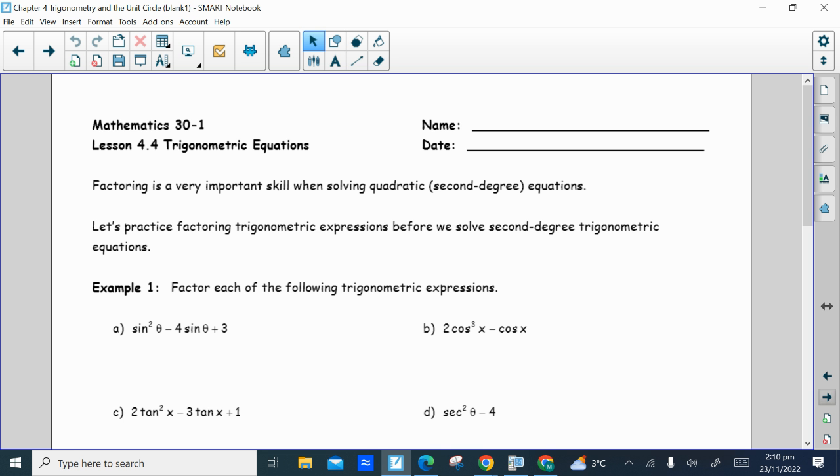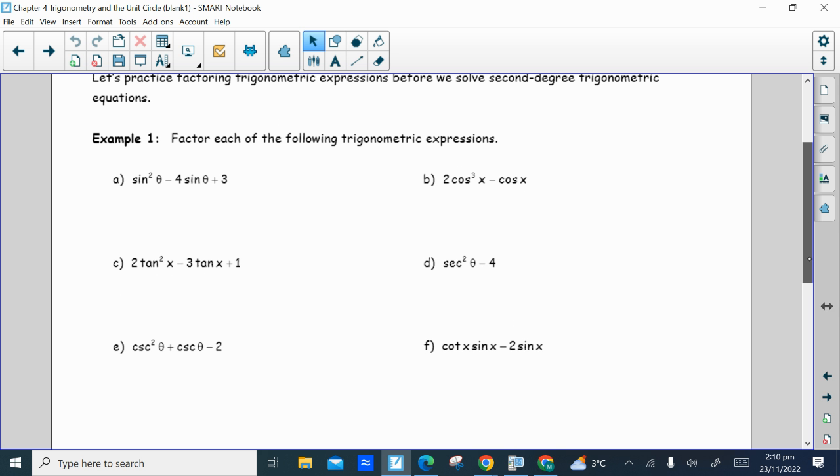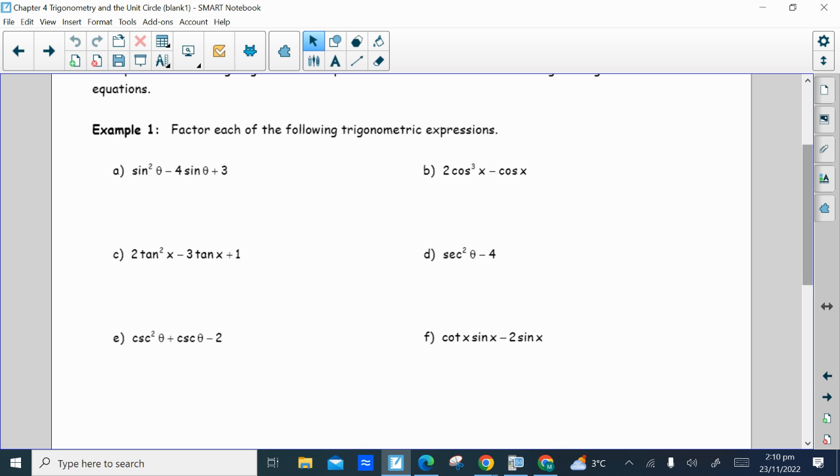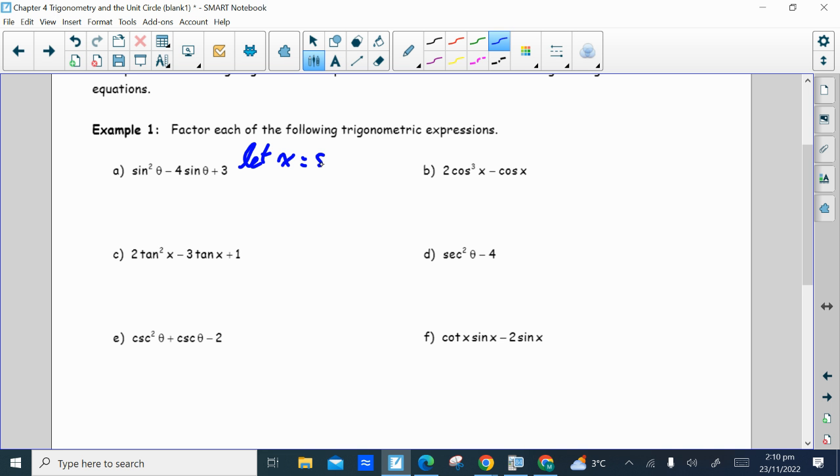So example 1 says factor the following trig expressions. So the first one is sine squared theta minus 4 sine theta plus 3. As we first start these, you might find it useful to do this by using substitution. Let's say x equals sine theta.